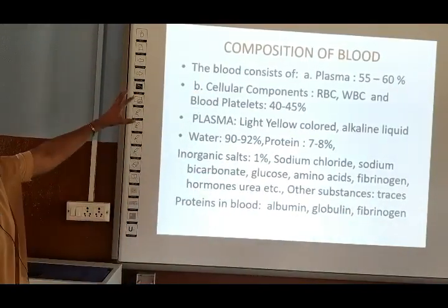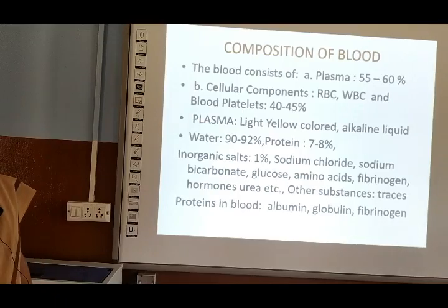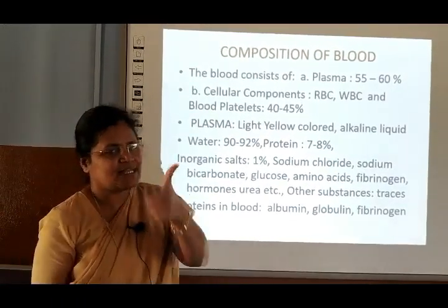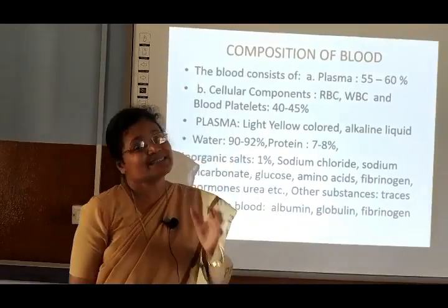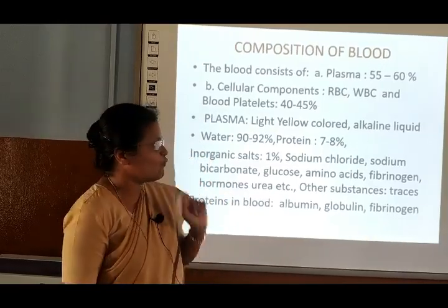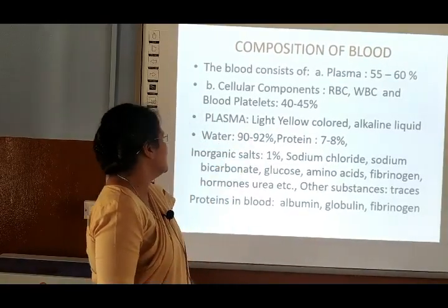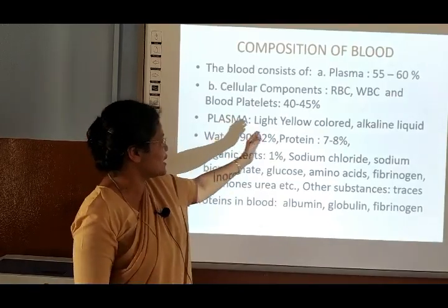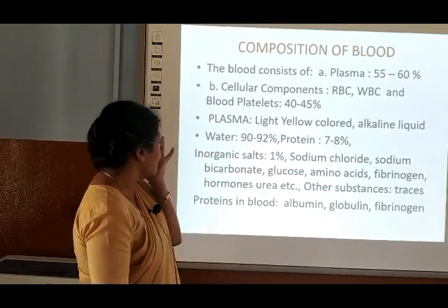Now, these are the components of blood. I repeat, the blood consists of two things, plasma and blood cells. Plasma consists of 55 to 60%, blood cells consist of 40 to 45%. The color of plasma is light yellow, and it is an alkaline fluid.